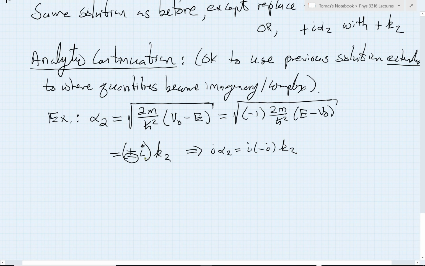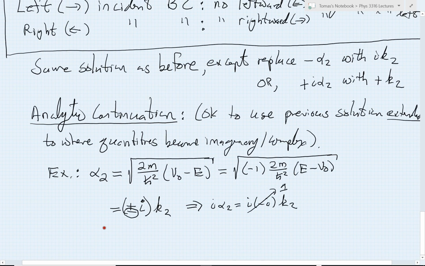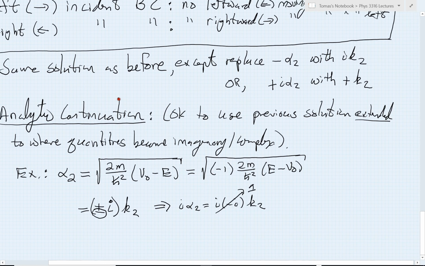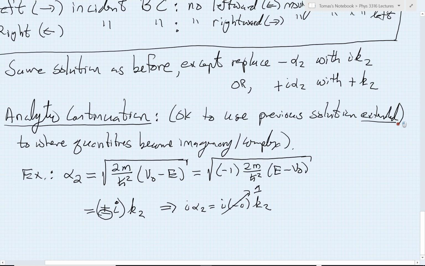Here's my minus i k2, multiplying both sides by i, but i times minus i is 1. So once again, I'm left with the idea that I can take the entire previous solution, but everywhere there's an i alpha 2, I can just write it as k2. It's a very powerful concept. I'm going to put a star next to it. You can use it over and over again in quantum mechanics.